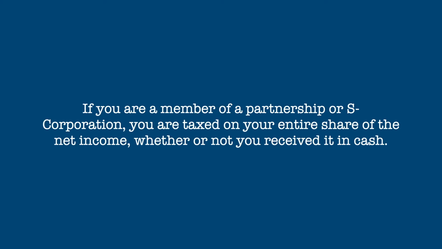Also note that if you are a member of a partnership or S corporation, you are taxed on your share of the net income whether or not you received it in cash. Any undistributed net income increases your investment in the business and provides you with a taxable economic benefit.